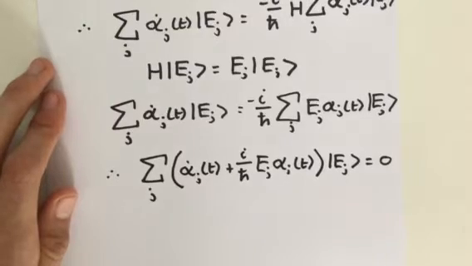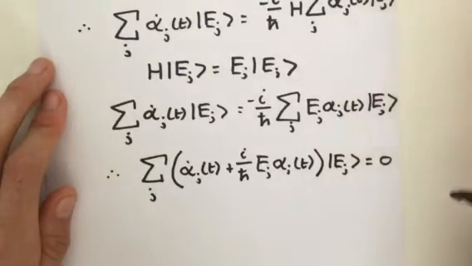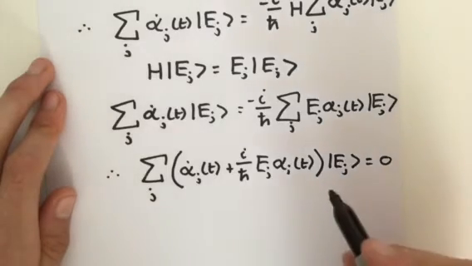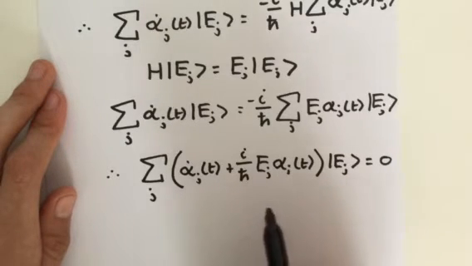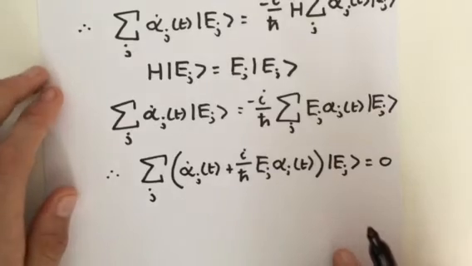The final step should be easy to see. If a sum of basis vectors equals 0, every coefficient must be 0. Hence, for each eigenvalue, Ej and alpha j of t must satisfy a simple differential equation.